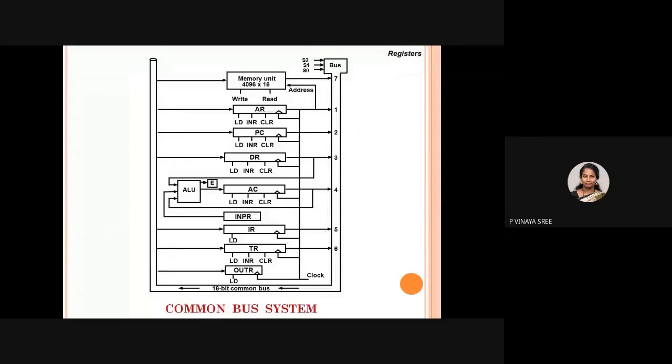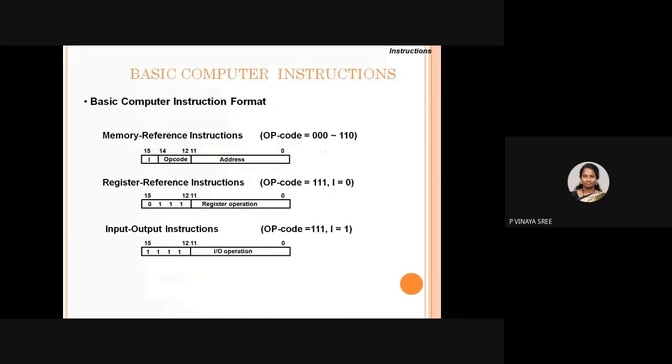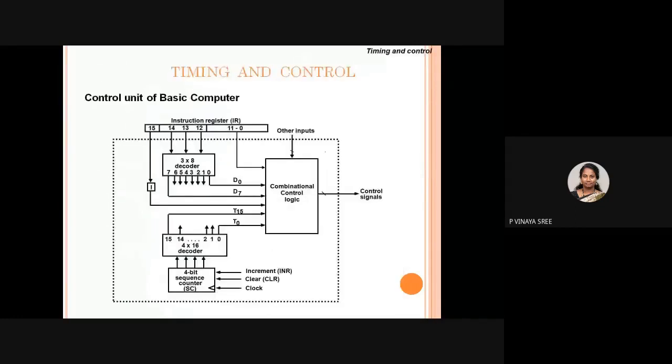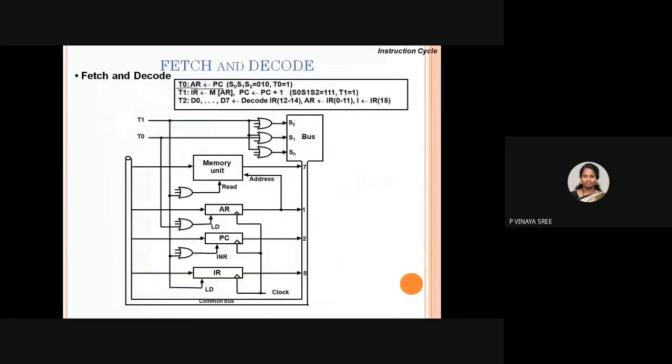In this you can see the registers used for fetching are placed, and the remaining registers are not shown in the fetch common bus structure. The numbers are the same: 7 is for selecting the memory, AR is 1, PC is 2. In the same way we'll discuss this common bus structure, but only the registers used for fetching are placed in this.